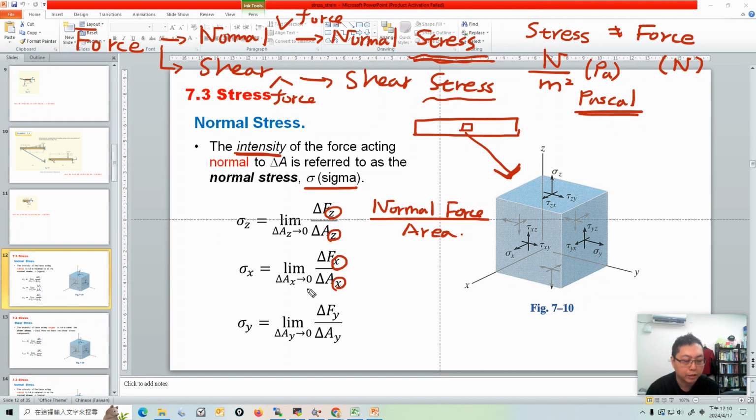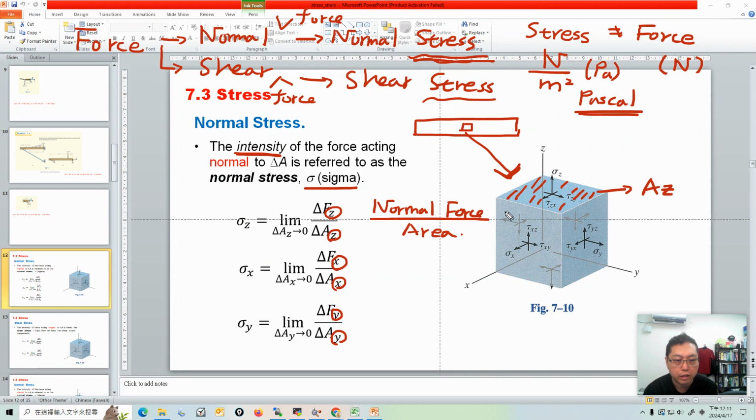For example, the stress in the z direction is the force in the z direction divided by the area along az. It's hard to describe az. Az is here. Here is az.